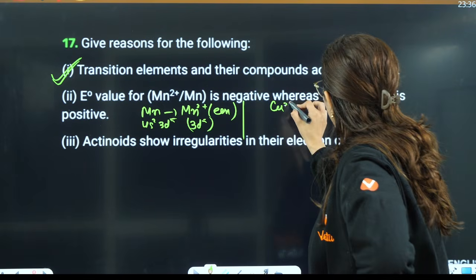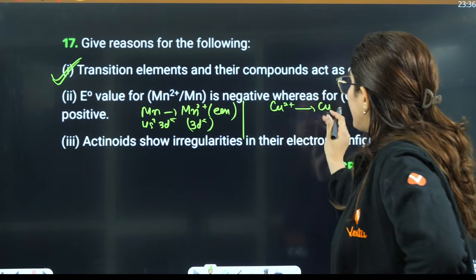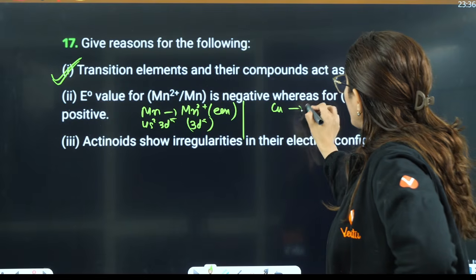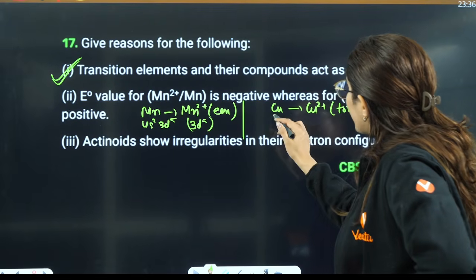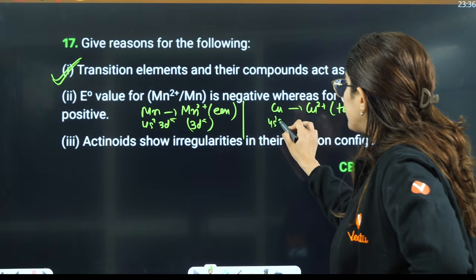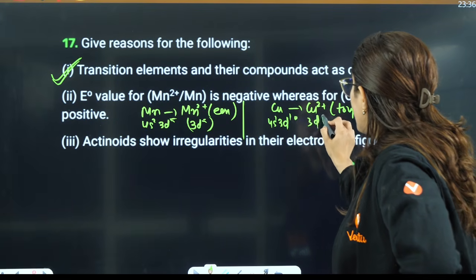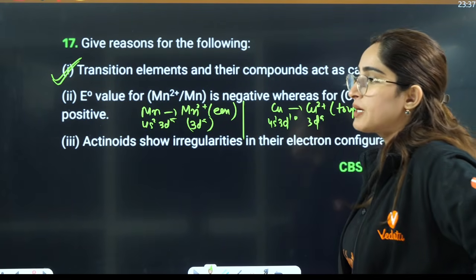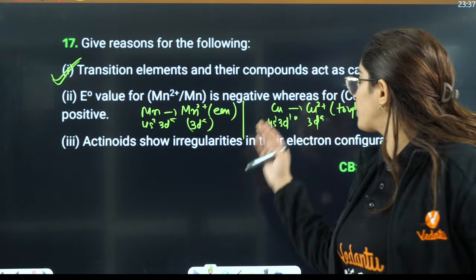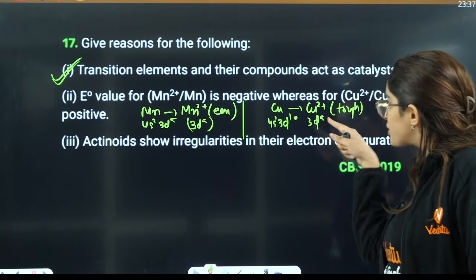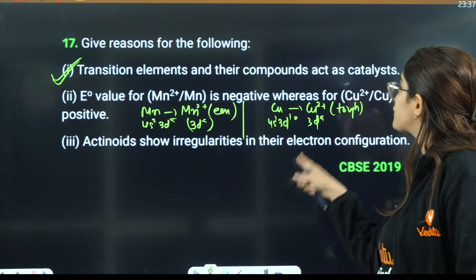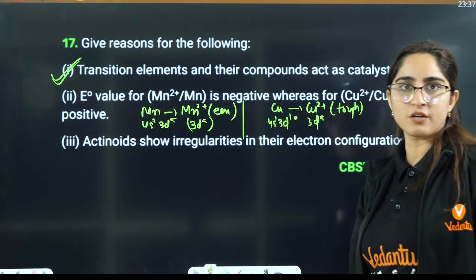That means Cu2+ to Cu is very easy, and Cu to Cu2+ is very tough. This is 4s1 3d10 and this is 3d9. It is not giving extra stability, so it is not possible to convert Cu to Cu2+. So here the oxidation potential will be negative, so its reduction potential is positive.